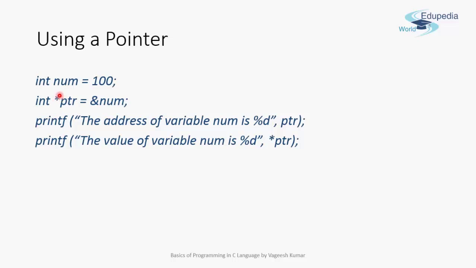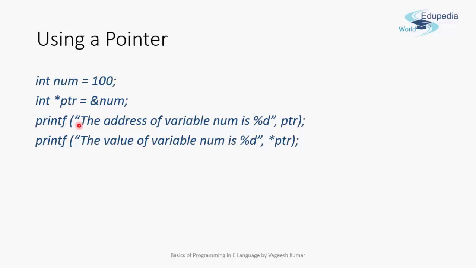This means that your variable ptr is not a normal integer variable, but a pointer. To store the address of some other variable, you have to write the address-of operator before that variable. So ptr = &num means ptr will store the address of num.